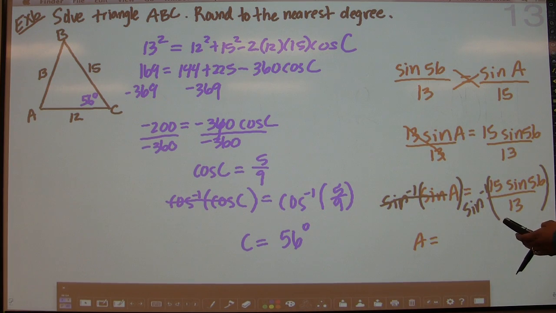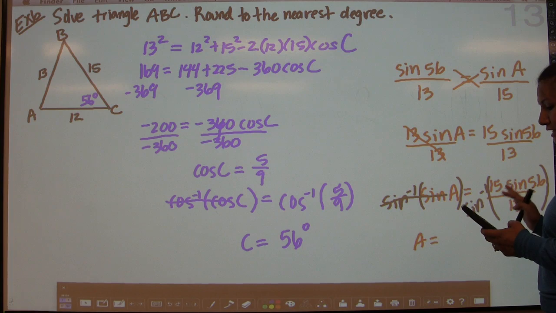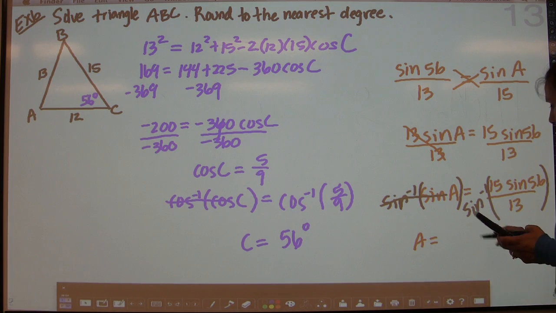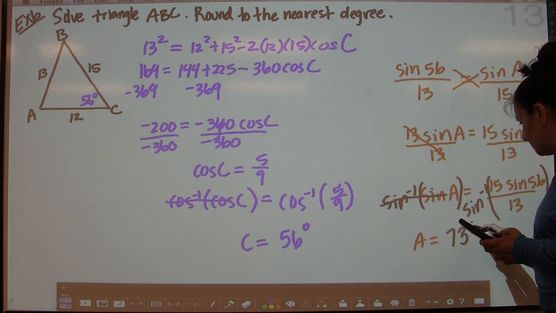It's going to be kind of weird, but second sine inverse, and then I'm going to use another set of parentheses to put 15 sine 56 together. Then I close the first set of parentheses, divide it by 13, and close the second set of parentheses. I'm going to get approximately 73.05, but again, round to the nearest degree. So that's going to be 73.